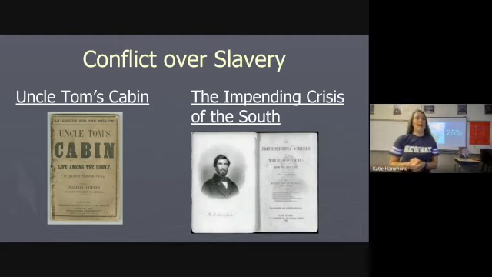It was so bad that after he published it, the South really just hated it. He left North Carolina and moved to New York because he basically was viewed as a traitor in the South.